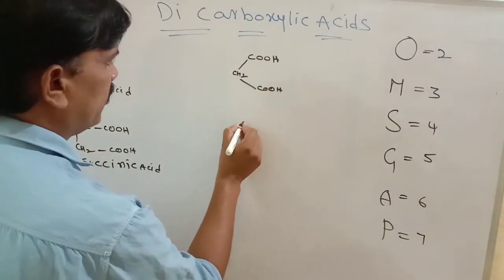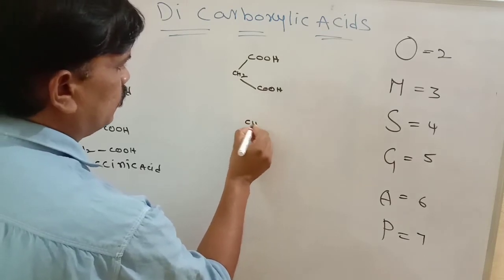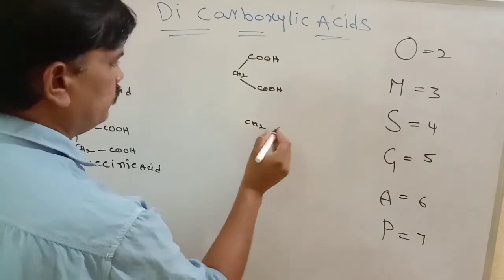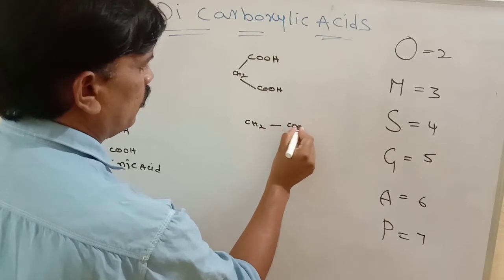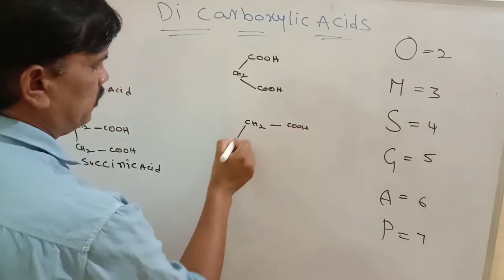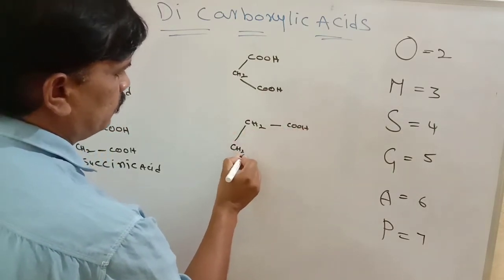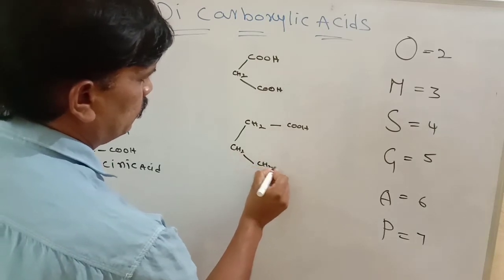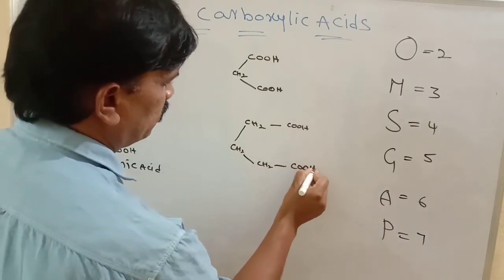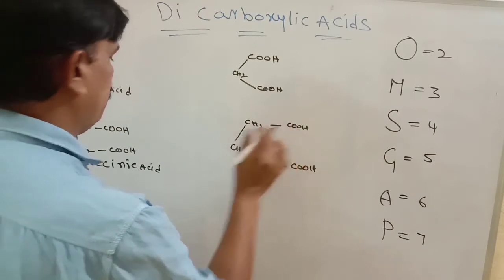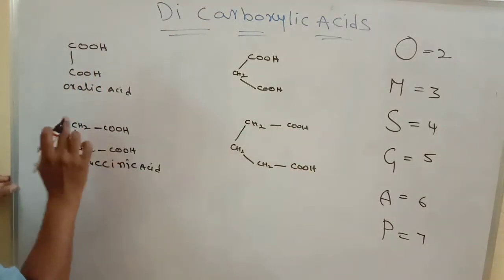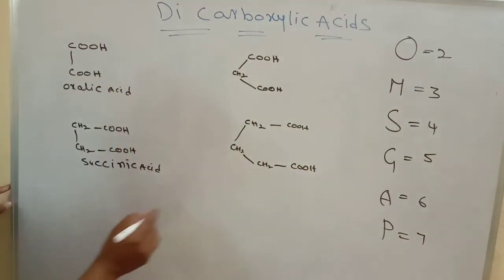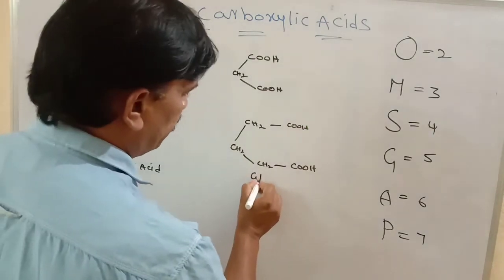So what is glutaric acid? COOH, CH2, CH2, CH2, COOH. That is 5 carbons: 1, 2, 3, 4, 5. Now this is glutaric acid.